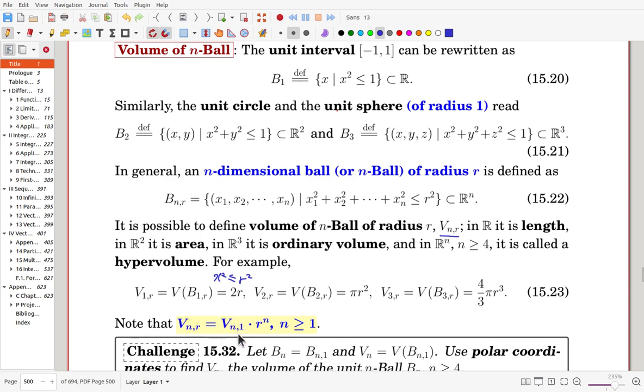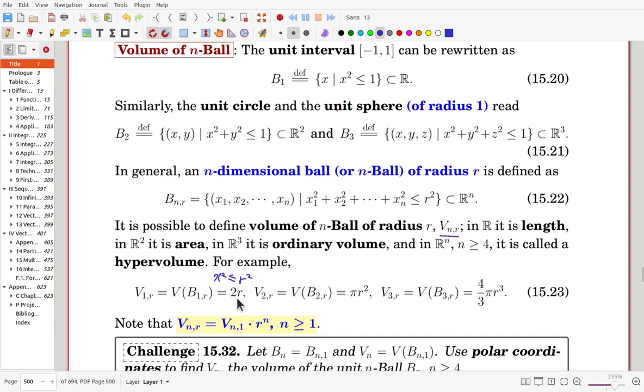First, we try to get the n-ball of radius 1, and r to the n is multiplied. The length of the unit interval is 2, and for general r it is multiplied by r. For the circle of radius 1, we have area pi, and for general radius it is pi r squared.